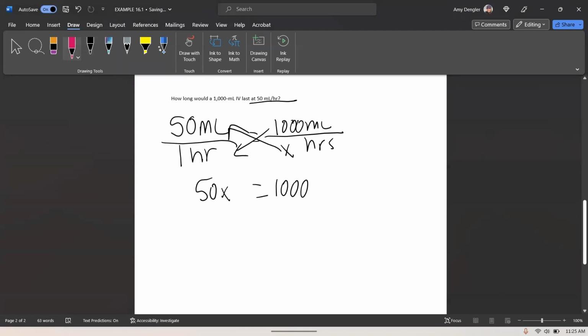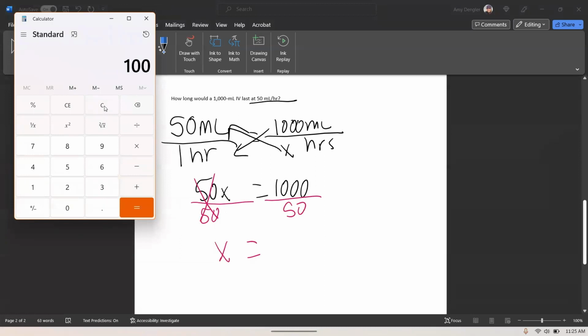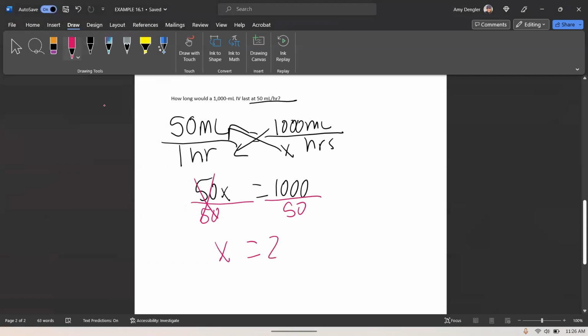We want to get x alone, so we divide each side by 50. Crossing off one side, I just have x, and then I have 20. So it's going to take 20 hours.